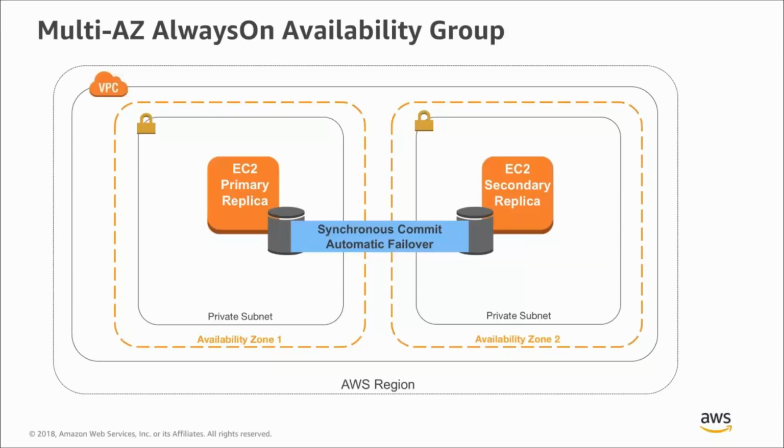Always On also provides the concept of read replicas. So you can have your writes and some of your reads go to your primary, and then load balance additional reads. Oftentimes that's a BI tool or reports that can run against the secondary running in the other availability zone.